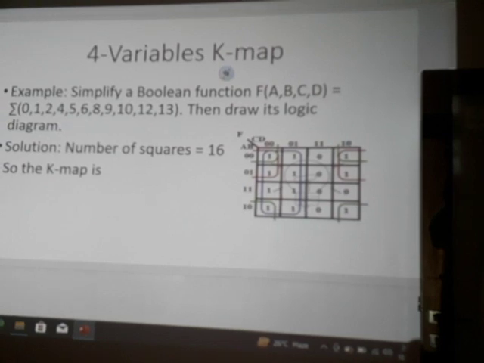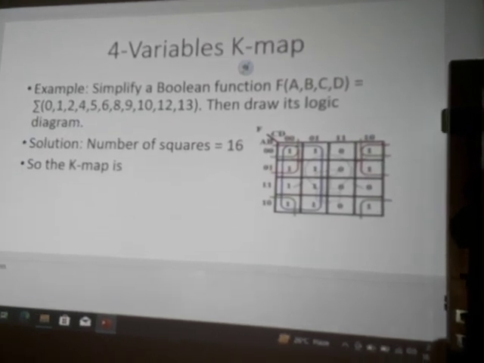In this example, we have a Boolean function f(A, B, C, D). Now this function depends upon 4 variables A, B, C and D, and it is equal to sigma in the bracket 0, 1, 2, 4, 5, 6, 8, 9, 10, 12, 13. 0 means we have minterm M0.